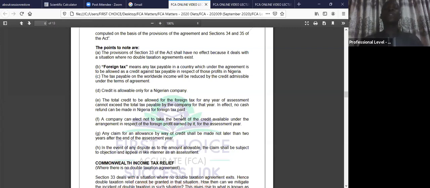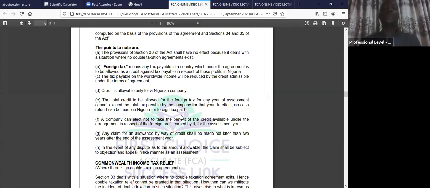Of course, it has to be a wholly Nigerian company for this to take place. So when there is a wholly Nigerian company that is having double taxation agreements, you have to look for two things. One, look for the foreign tax. How will you know the foreign tax? It will be given to you.